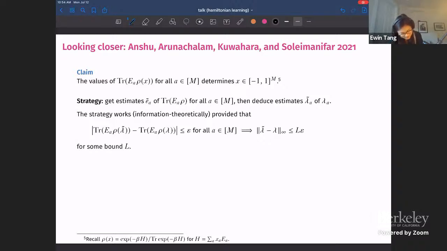Something else that suffices is to show that this map from the marginals to the coefficients has a bounded derivative, but here it's a vector valued function, so it's a bounded Jacobian.